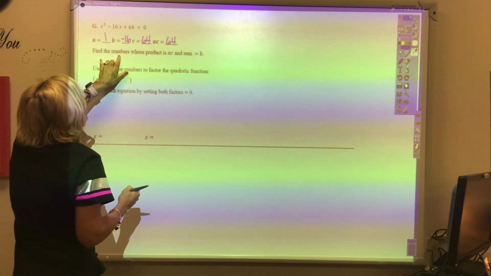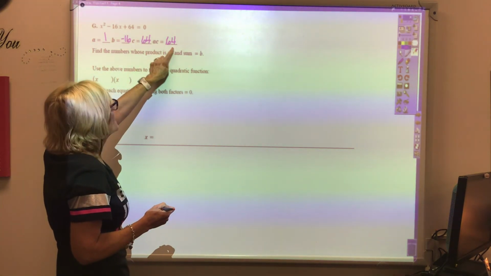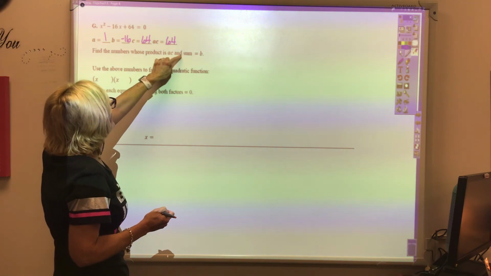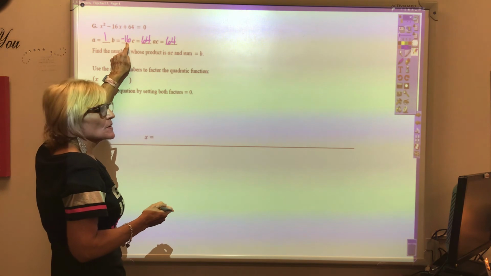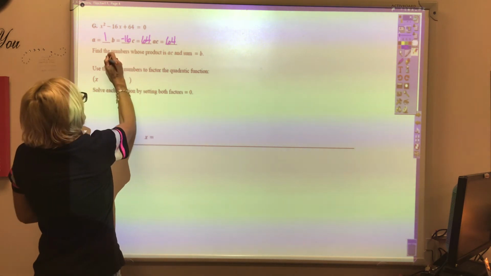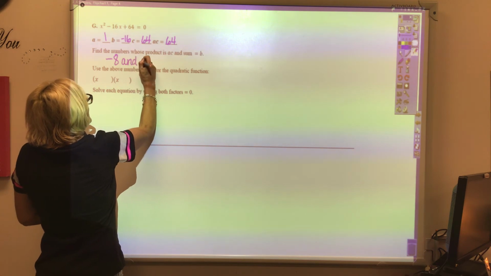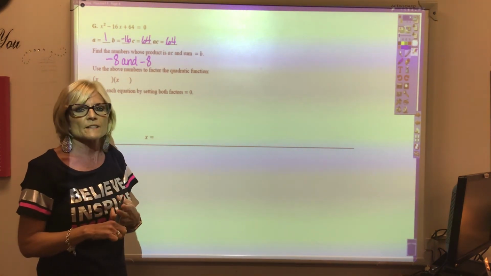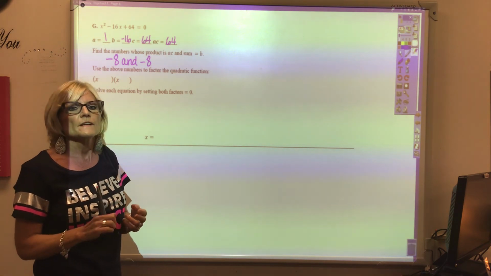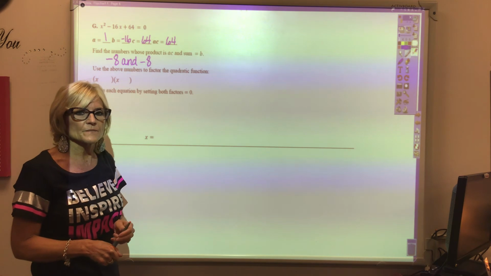We want to find the numbers whose product is AC, or 64, and whose sum is B, or negative 16. Those two numbers are negative 8 and negative 8, because negative 8 times negative 8 is 64. Negative 8 plus negative 8 is negative 16.